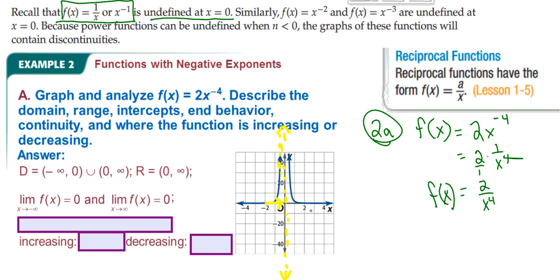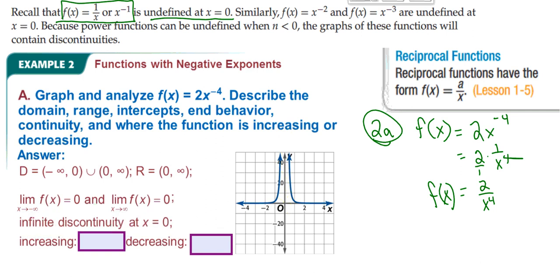As it gets close to 0 from the positive side, it's also going to positive infinity. So that is infinite discontinuity, and it has infinite discontinuity at x equals 0.